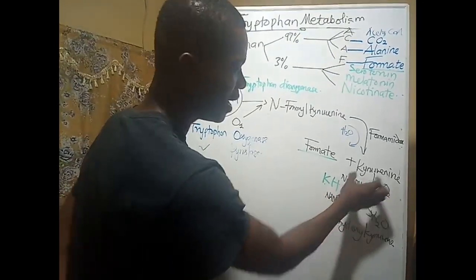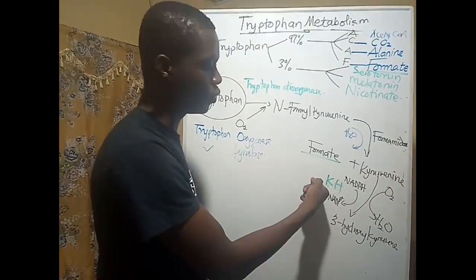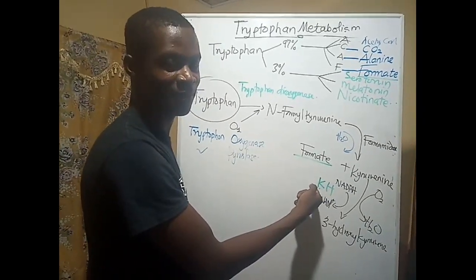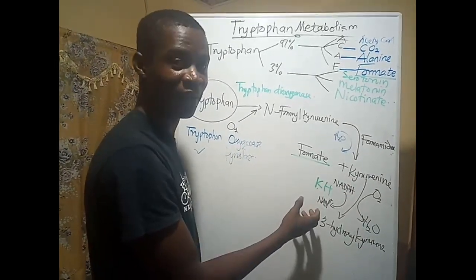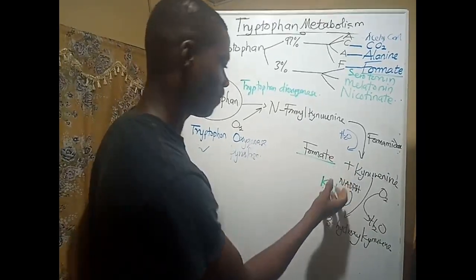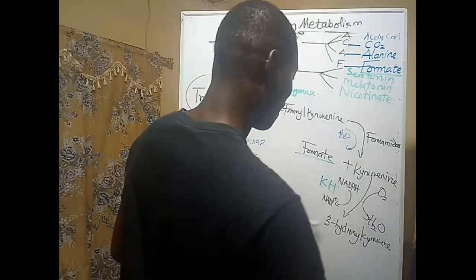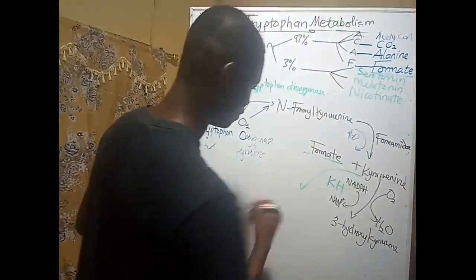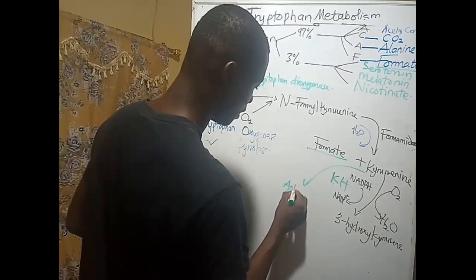Now, kynurenine can also be converted to other important intermediates. First, kynurenine can also be converted to what we call kynurenate, and then can also be converted to another important intermediate called anthranilate.